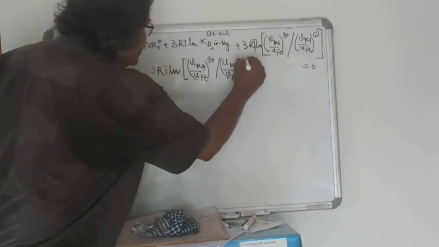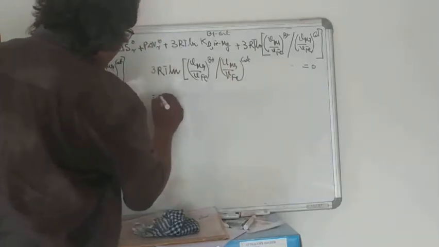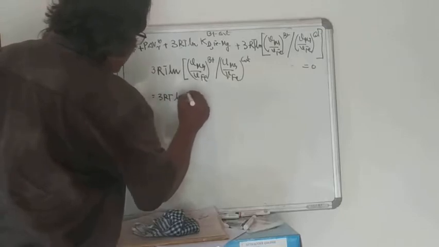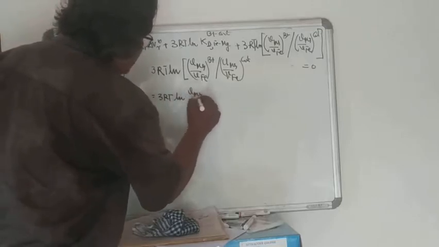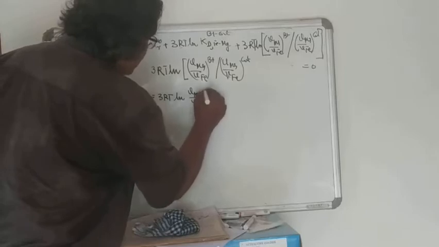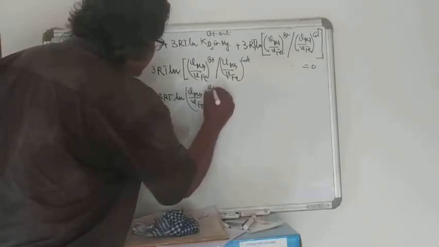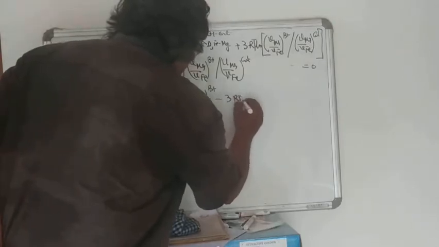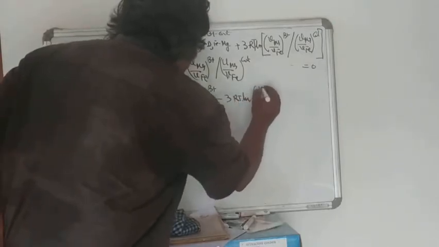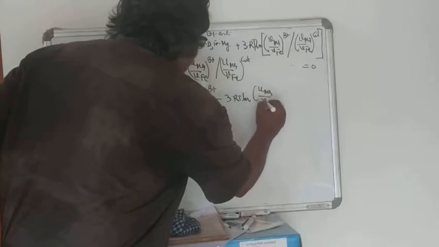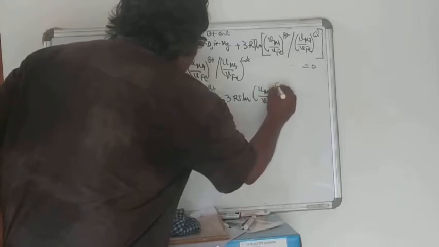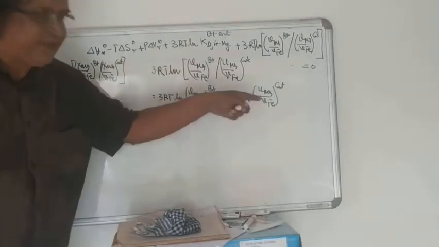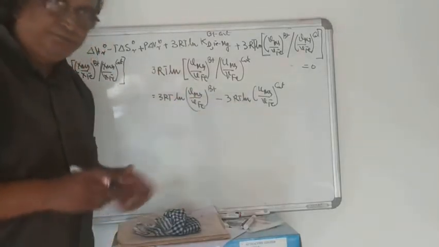We can write this term as equal to 3RT ln (gamma Mg/gamma Fe in biotite) minus 3RT ln (gamma Mg/gamma Fe in garnet). This term only. We are splitting the term into two.